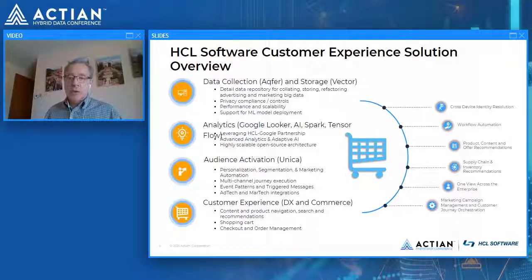This is where marketers will be able to leverage the data, leverage machine learning to precisely target audiences across channels and deliver the right message to the right customer at the right time. And then HCL products such as Digital Experience and Commerce will actually render customer experiences to navigate the products, to purchase the products, to see the right content.